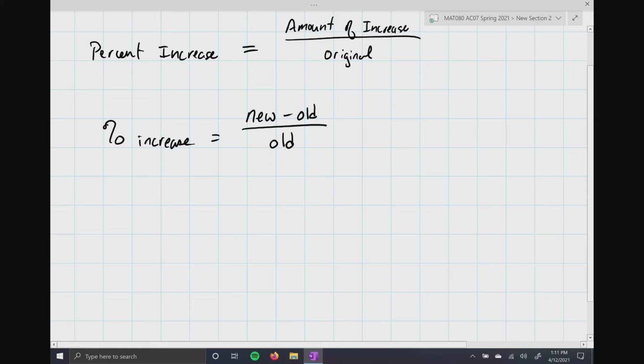So for example here, a postage stamp in 2002 cost $0.37.